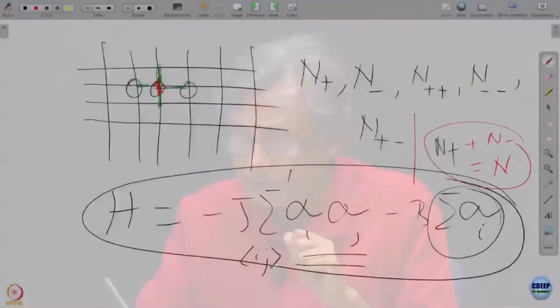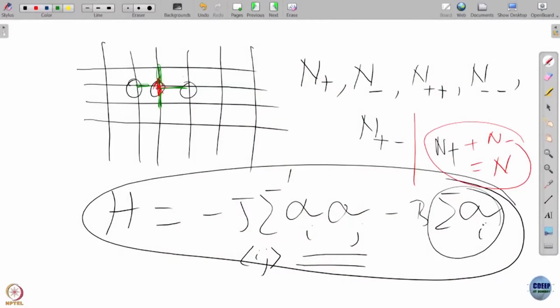Now this is something very nice. So if this spin is also up, then I draw one from this, then I draw another from this. So in this case, I will have a double line between 2 up spins. But if it is a down spin, then I will have one line.